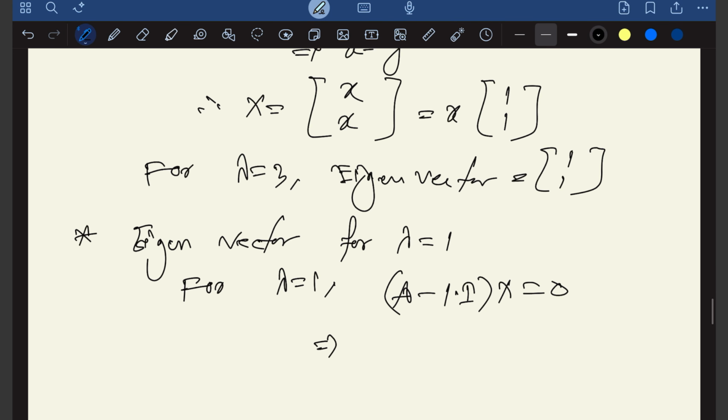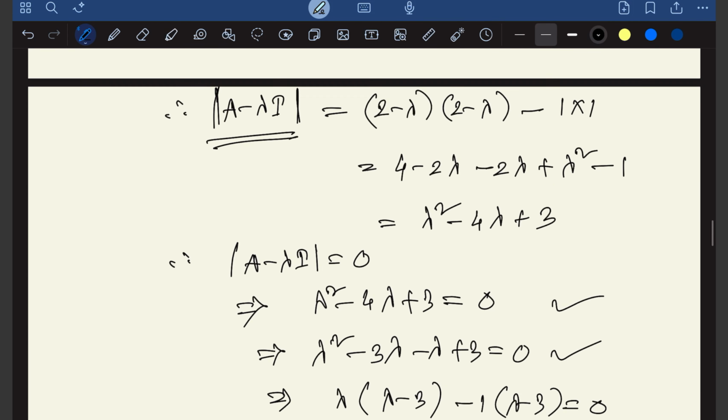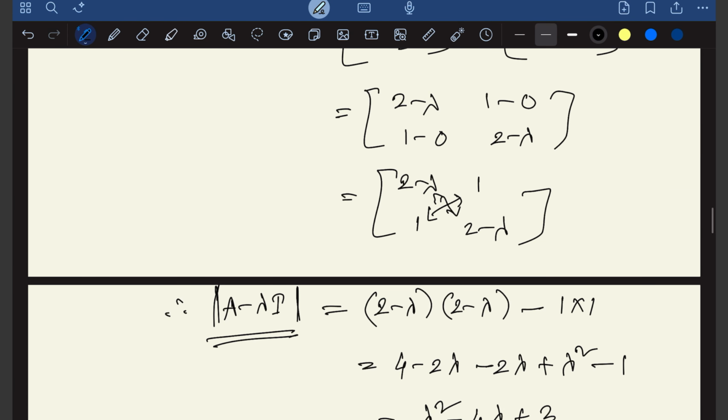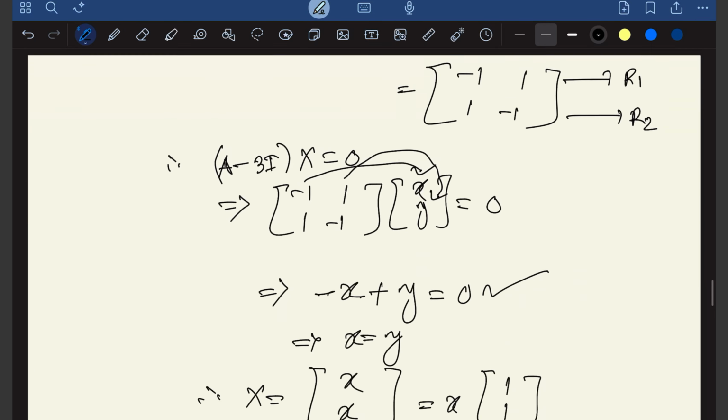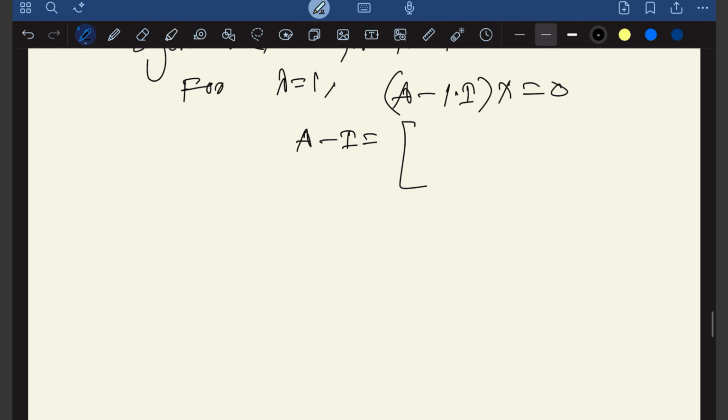That means 2 minus lambda: 2 minus 1, 1, 1, 2 minus 1. So this will be 1 1 1 1.